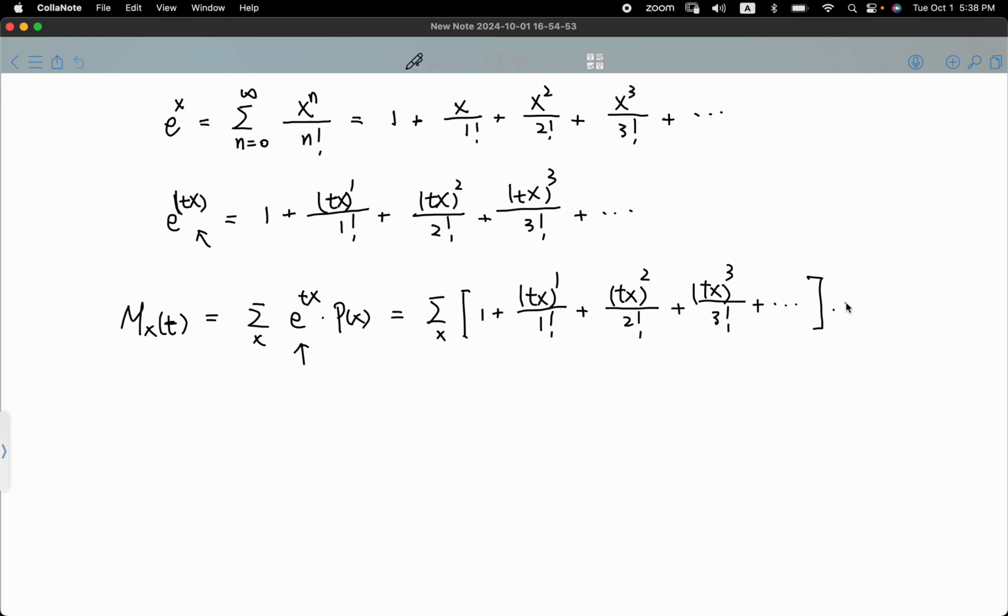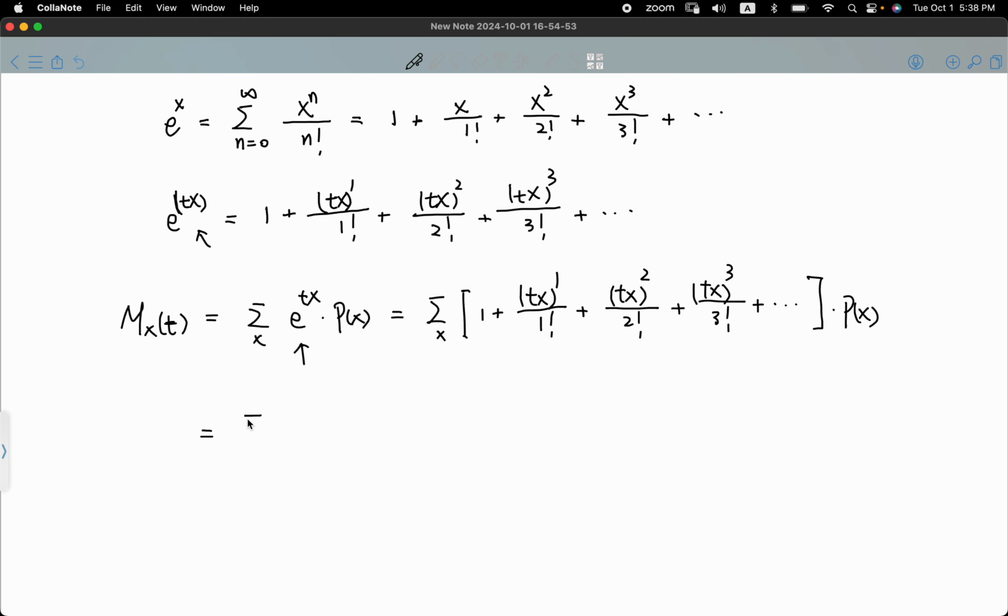And then don't forget to multiply by your probability mass function, p of x. Next, we are going to distribute the p of x, the probability mass function, to each of the terms in this infinite sum.